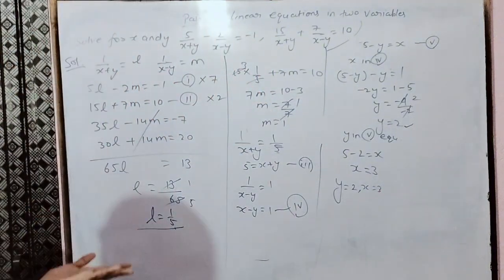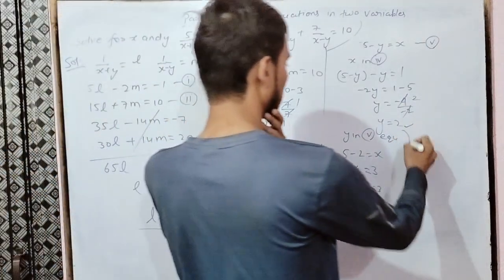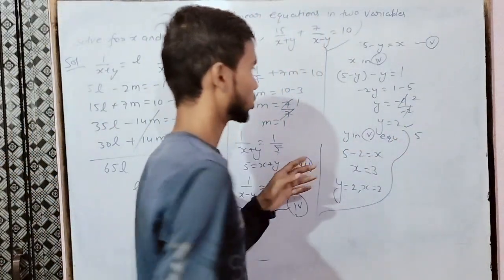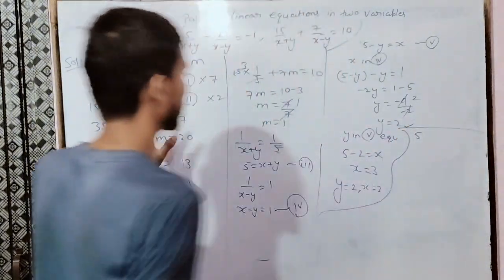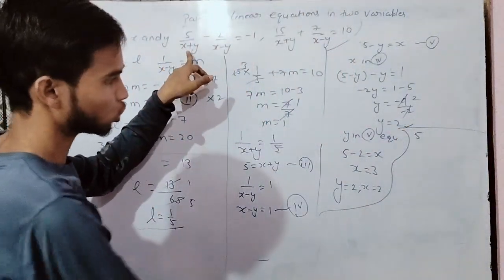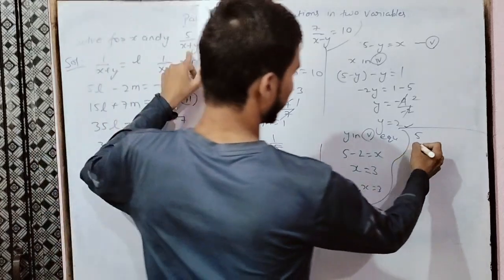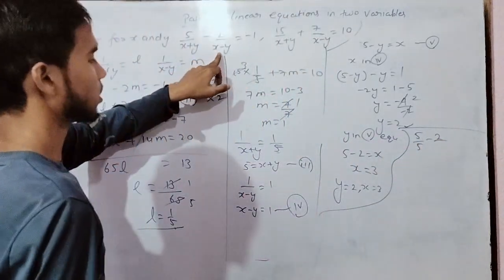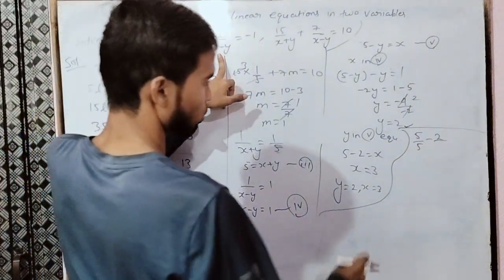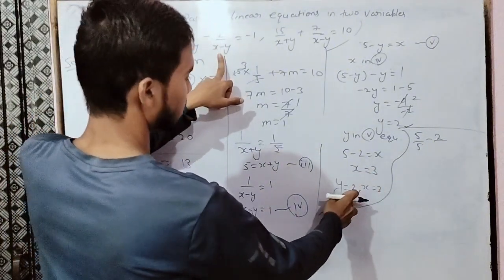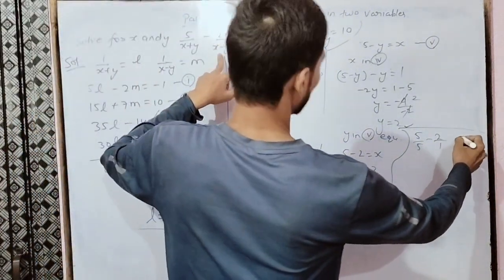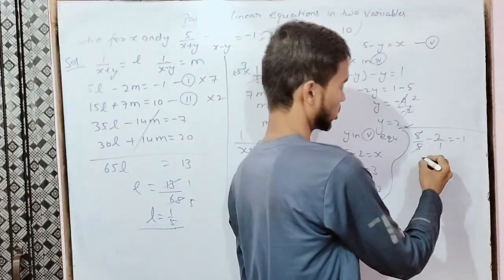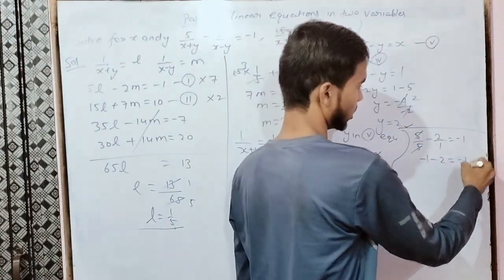Now, we can even check. How to check? Do you want to see? So I am checking. Here 3 minus 2 will be 1, which is equal to minus 1. So we have minus 1, minus 2 and minus 1.